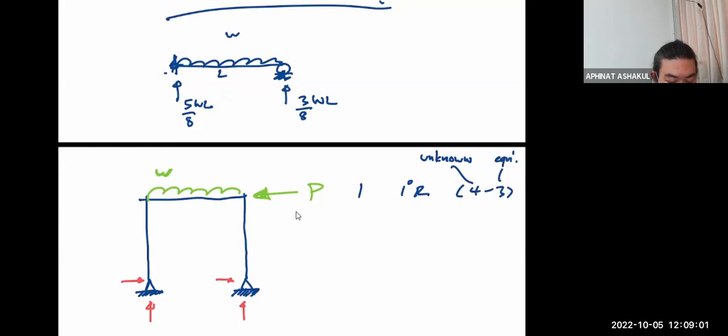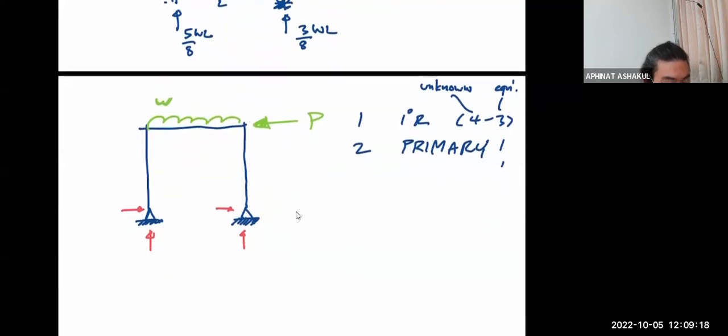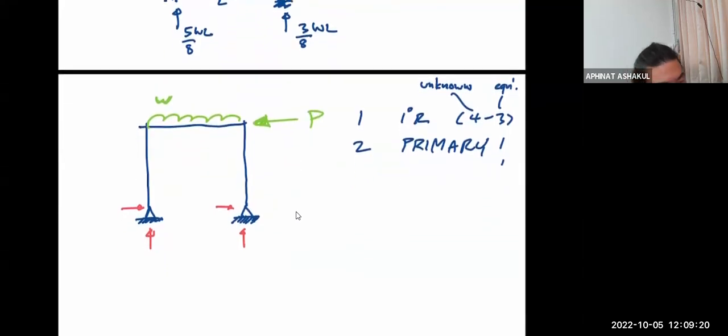So now we need to create the primary structure by removing one of the redundants. Now it seems like this is where you maybe should not be so creative in removing the redundant.